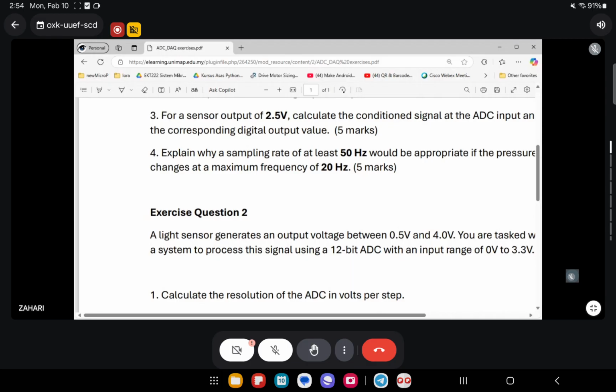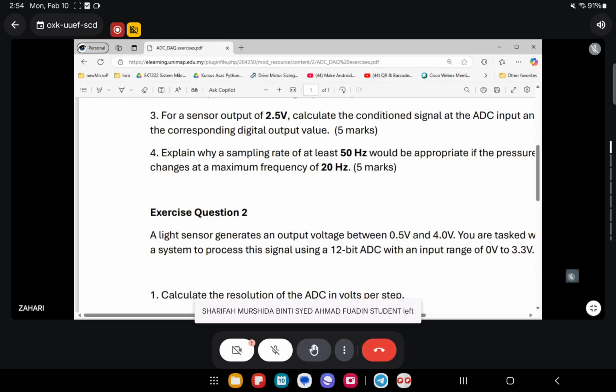Already prepared this one. Exercise number 2, ADC, light sensor output is 0.5 to 4.0. Okay. So for you to calculate the ADC resolution, just need to use this formula: ADC voltage range divided by 2 to the power of n, where n is the ADC input bit resolution.